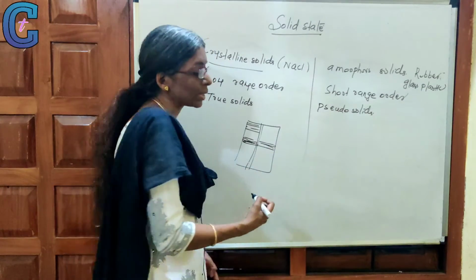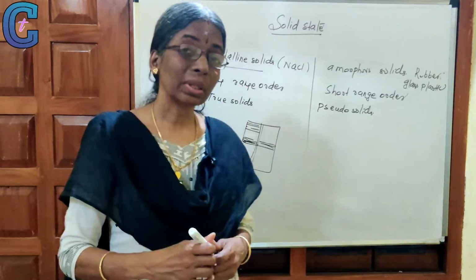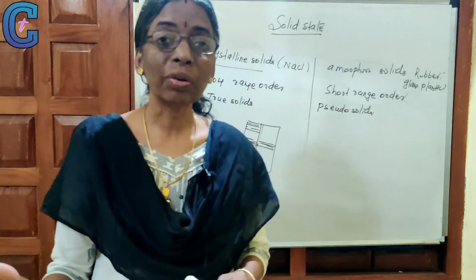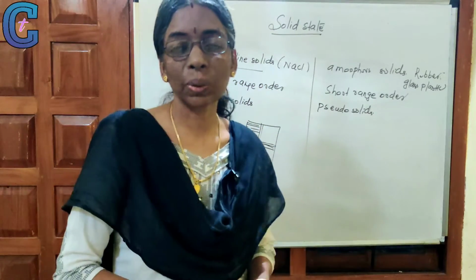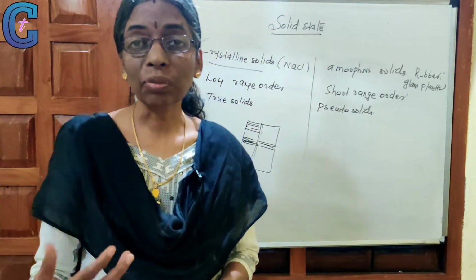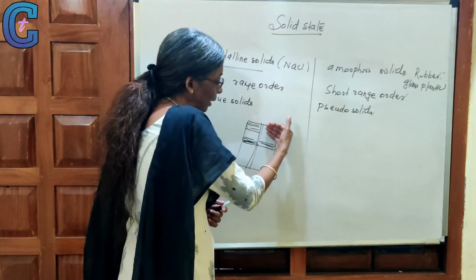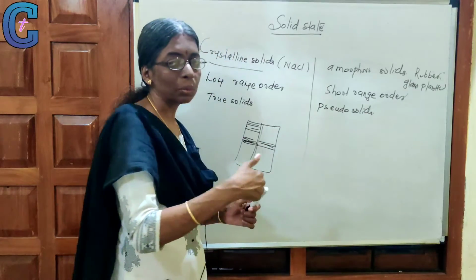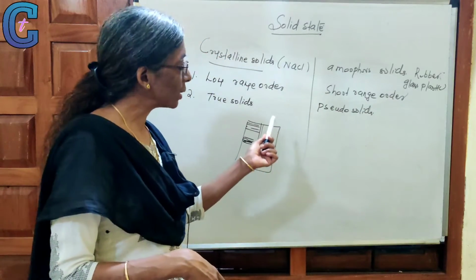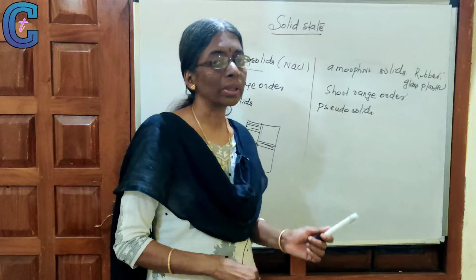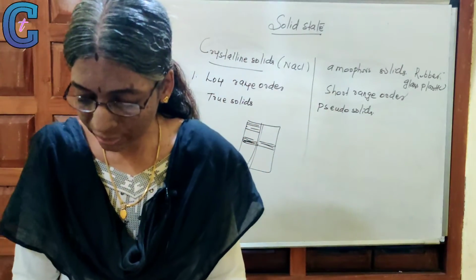Normally we studied that liquids and gases can flow from one place to another, so they are known as fluids. Like this, due to gravity the particles migrate from top to bottom. Because they have this quality, they are known as pseudo solids.